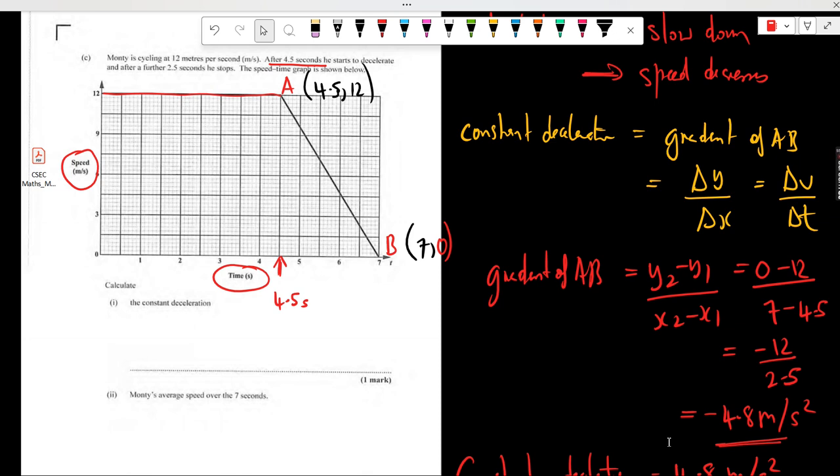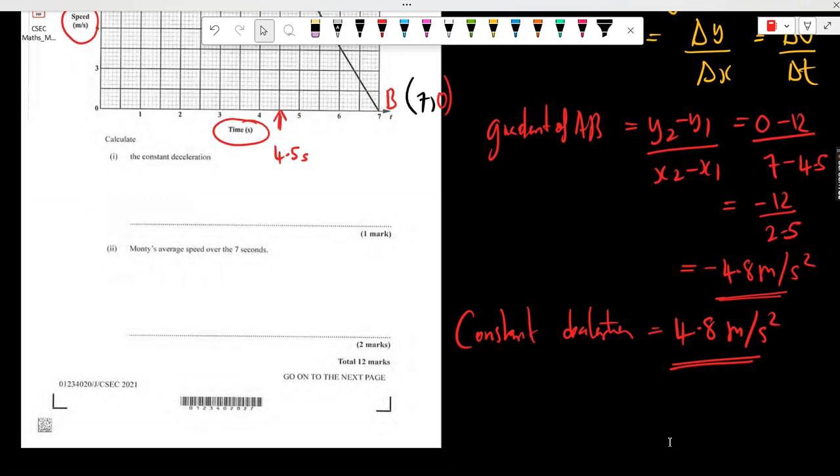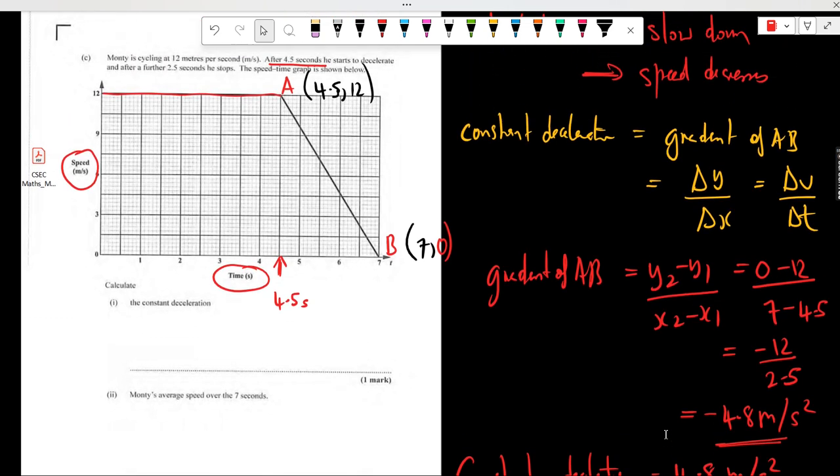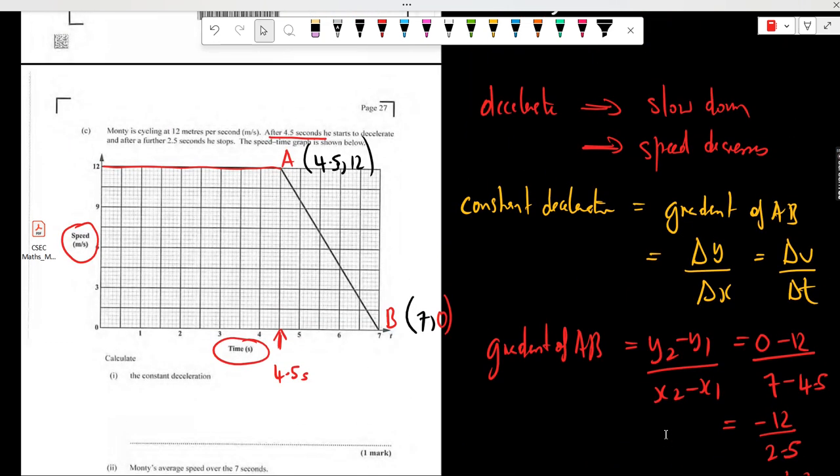Yes, sir. All right. Now, part two, Monte's average speed over the 7 seconds. When we speak about average speed from a speed-time graph, it is not just taking different values of speeds, adding them up and dividing by the number of speeds.